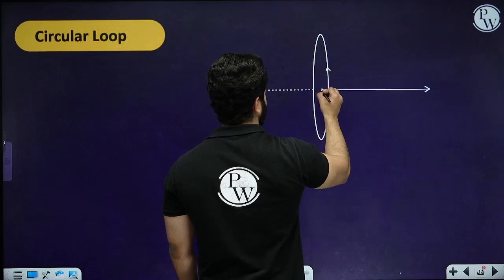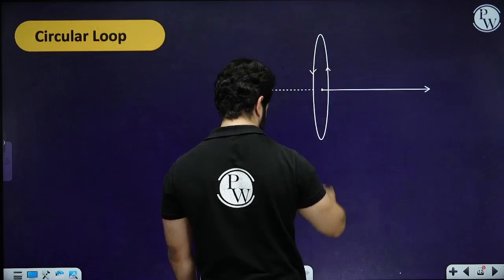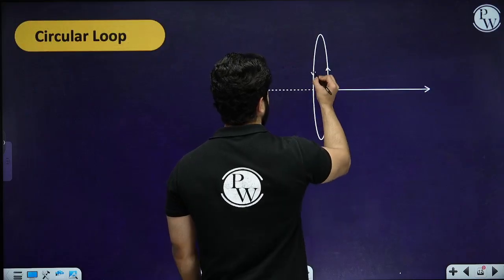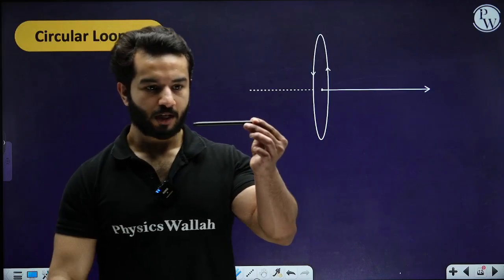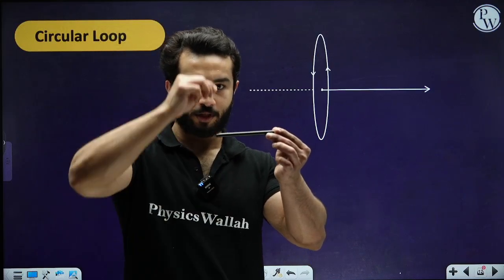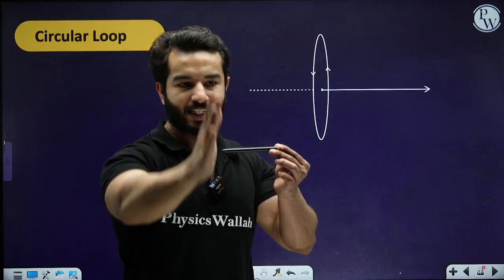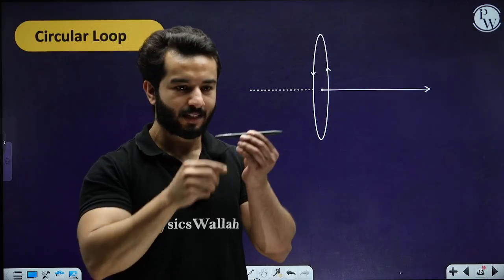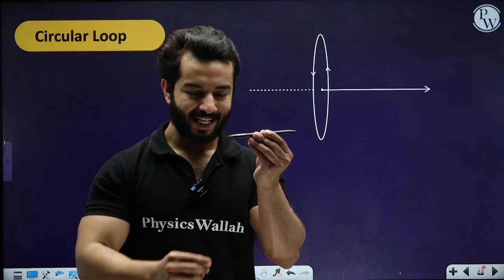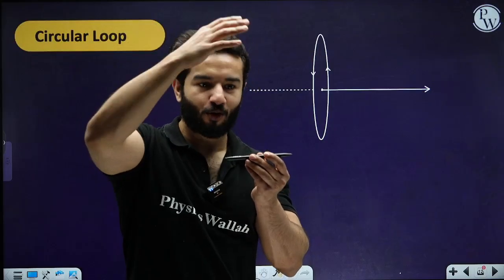This is the center. So this is the axis of the loop. Please understand how this loop is. The loop is something like this. So this is a YZ plane. I call this a YZ plane. So axis of the loop is on the X axis and the loop is itself on the YZ plane.